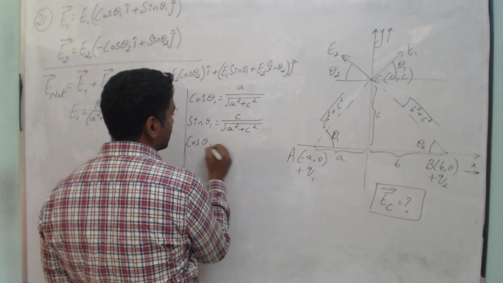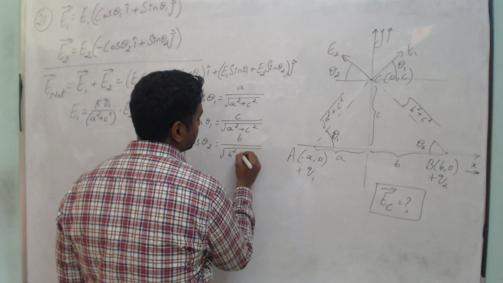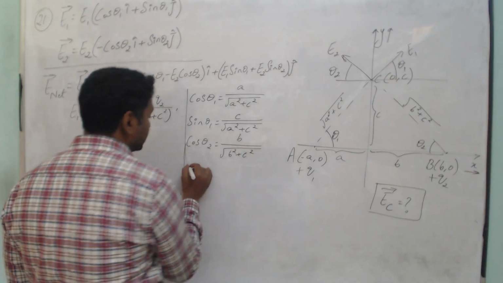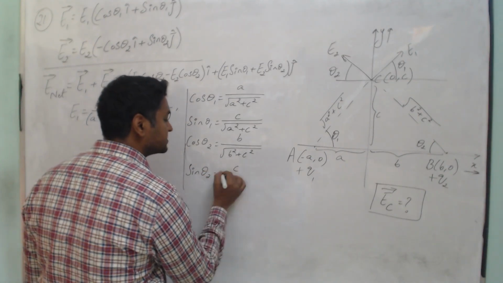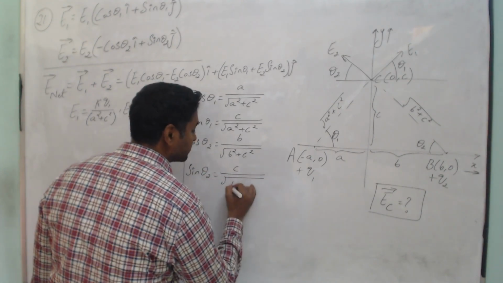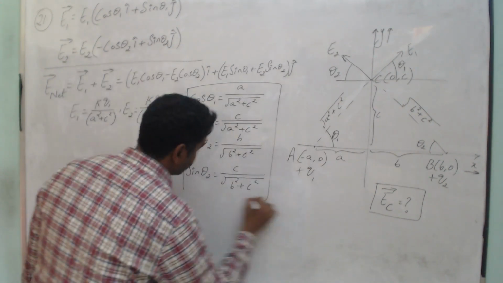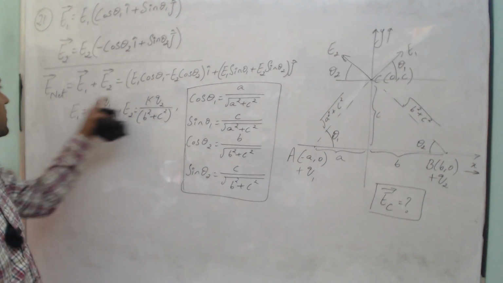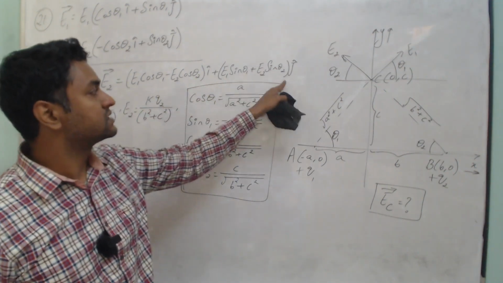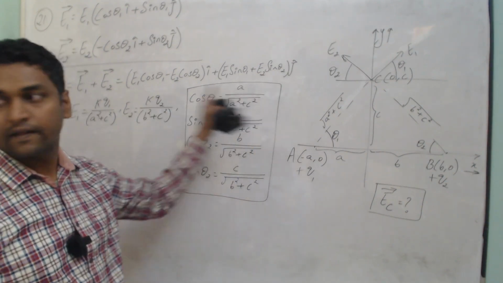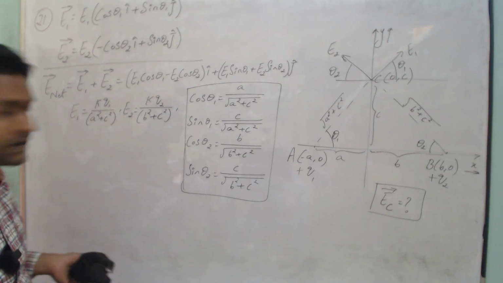B by under root of B square plus C square. And sin theta 2 is C by under root of B square plus C square. So the idea is in our E net resultant, E1 cos theta 1, E2 cos theta 2, sin theta 1, sin theta 2, we know everything. We just have to dump it in that, right?